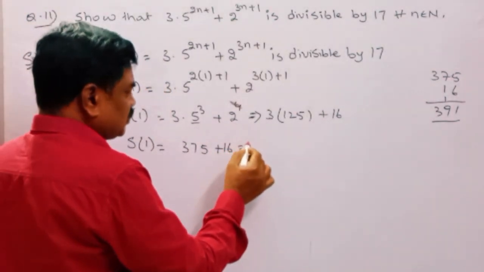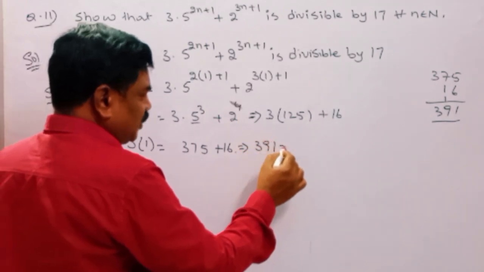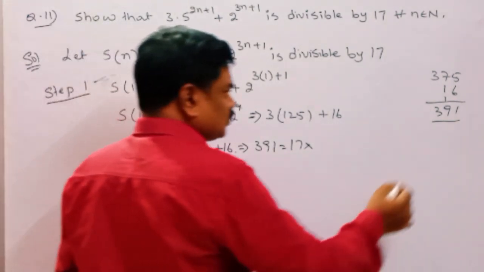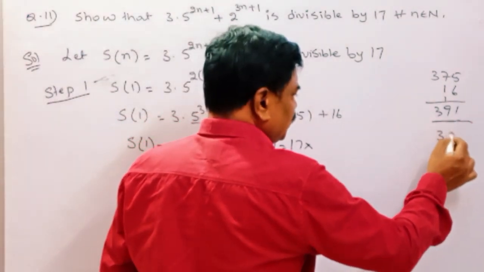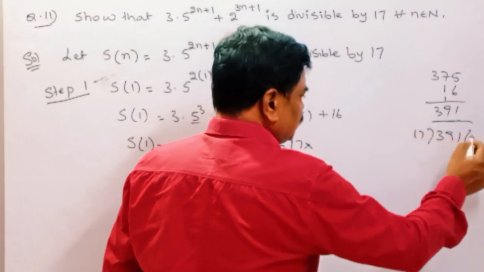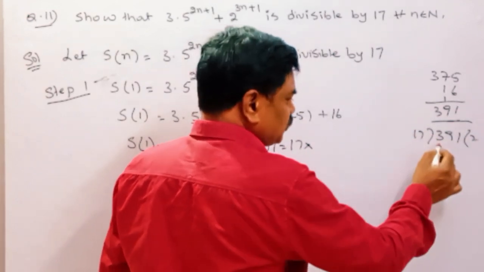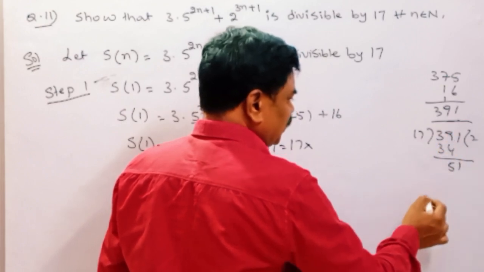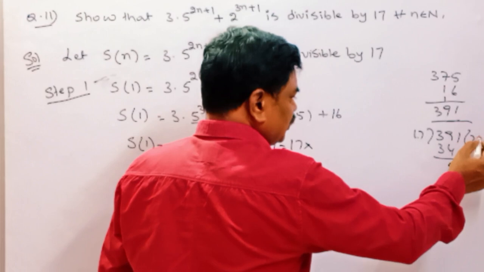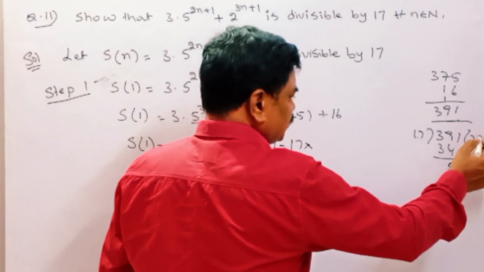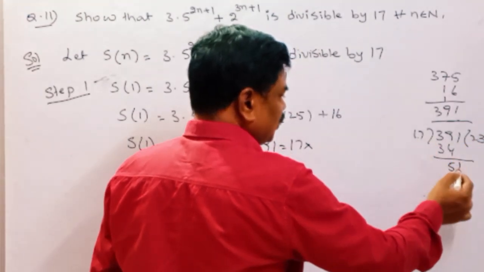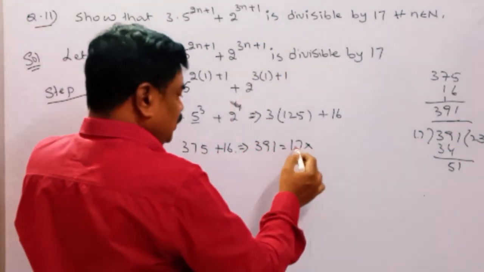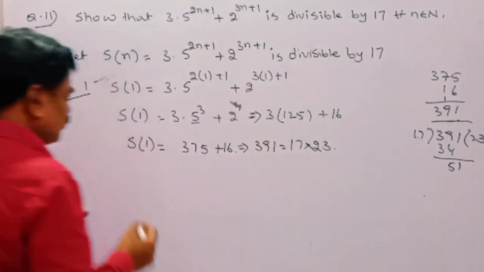Sorry, 391. This can be written as 17 into 23. 17 times 2 is 34, and 17 times 3 is 51, so 17 into 23 gives 391.